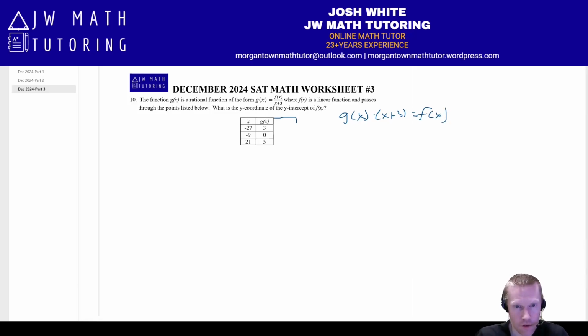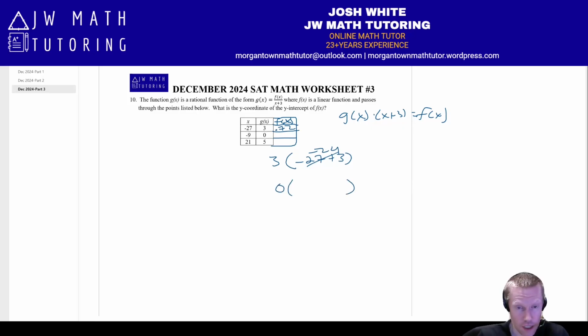So in other words, for any x value that you plug in, the f of x value, i.e. the y value for the f function, is going to be the g of x value here times the x value plus 3. Okay, so for negative 27, you're then going to take the g of x value, which is 3, and multiply it by negative 27 plus 3, i.e. by negative 24, and you get negative 72.